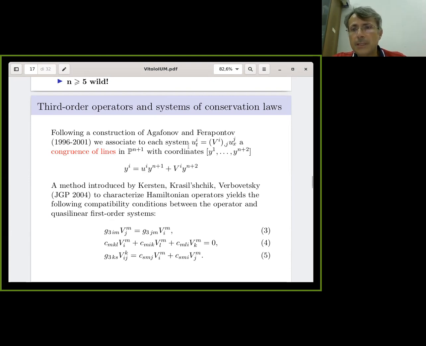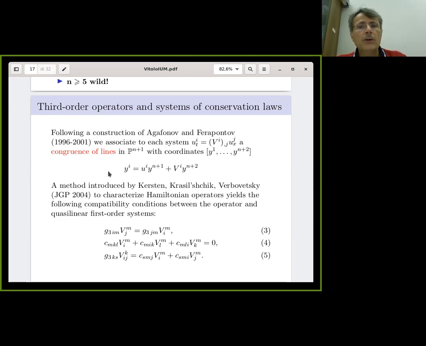to each system of conservation laws, one can associate a certain algebraic variety. This is an algebraic variety in P^(n+1), which is called the congruence of lines. It is an n-parameter family of lines in a projective space of dimension n+1.